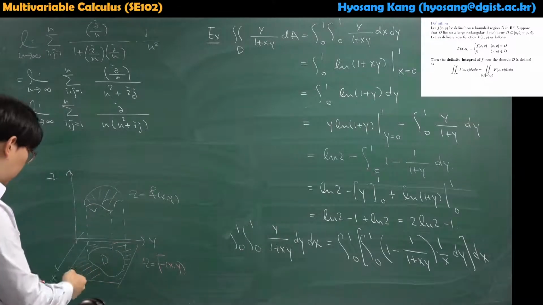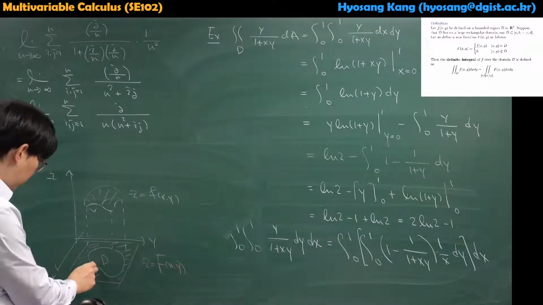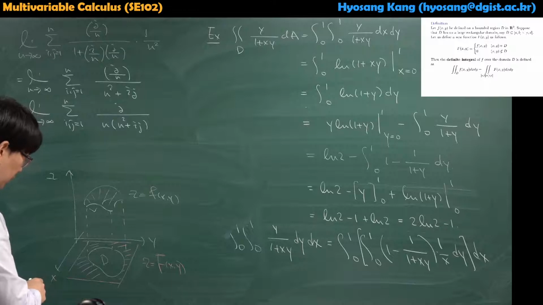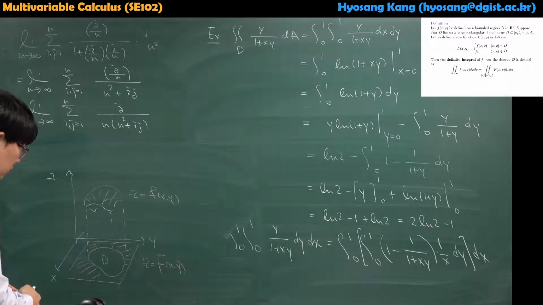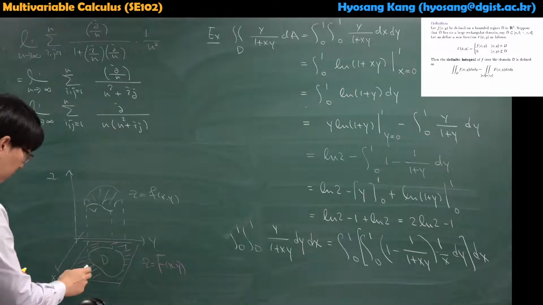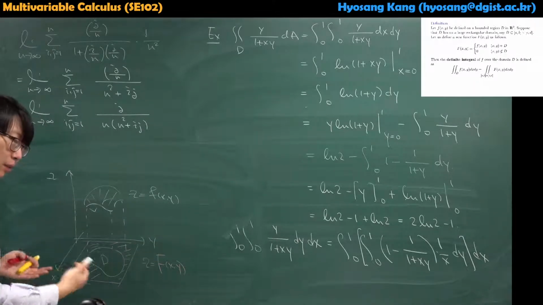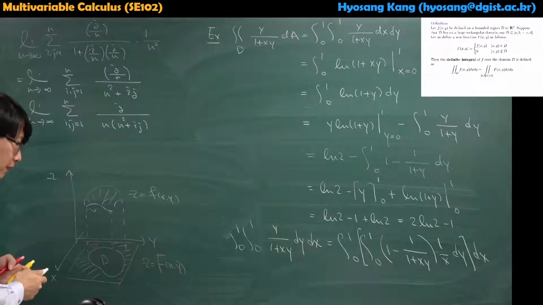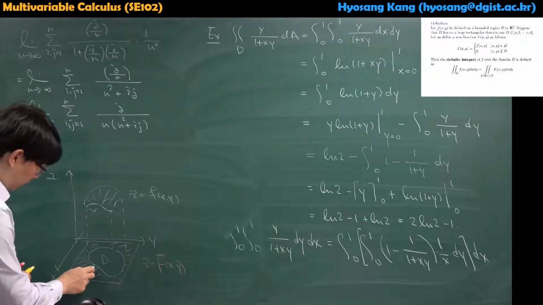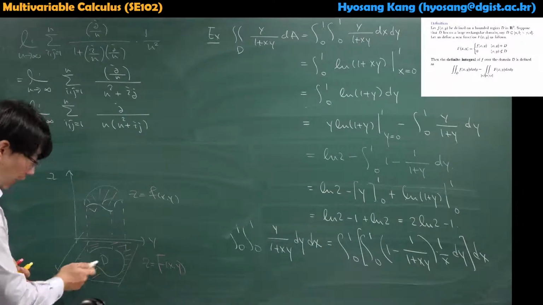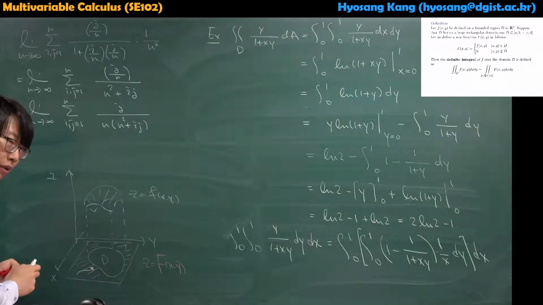Think about the limit. At a discontinuous point, like a boundary point, the value of the function goes to some bounded limit. Of course this is not continuous, so depending on the path it goes to different values. For example, if I approach this boundary point from outside of region D, then the limit is 0.